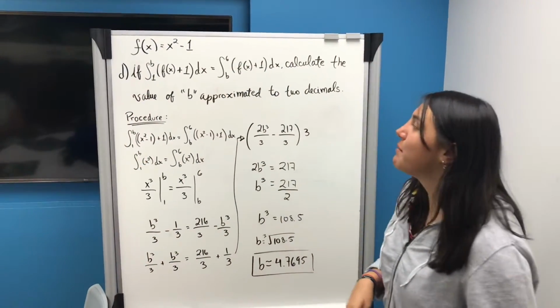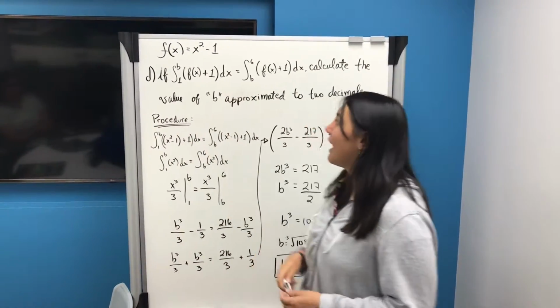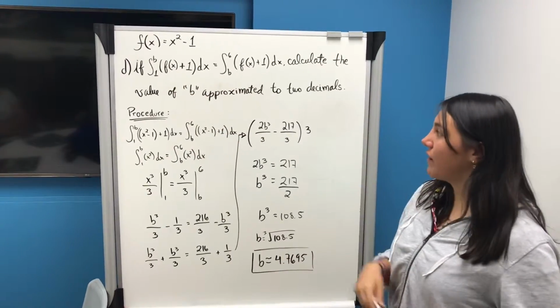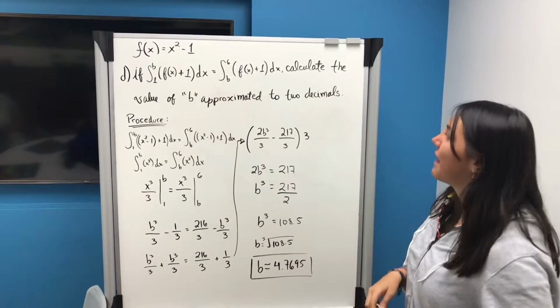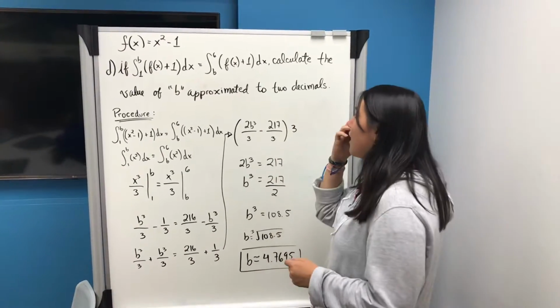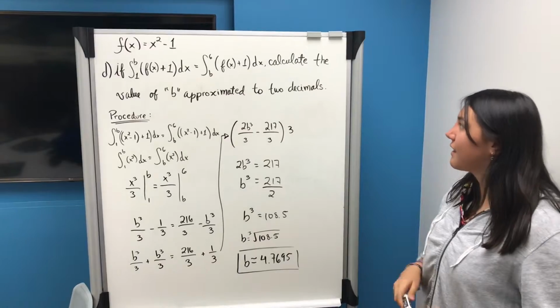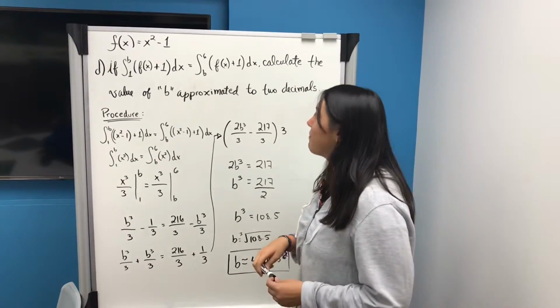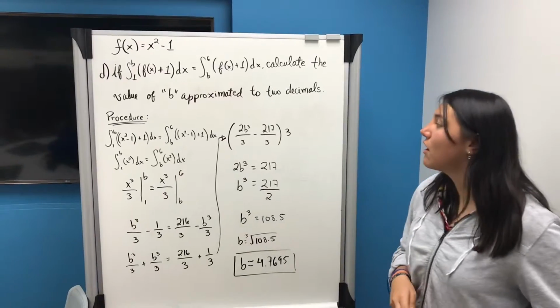So in problem number D, it says, if the integral from 1 to b of f of x plus 1 dx is equal to the integral from b to 6 of f of x plus 1 dx, calculate the value of b approximated to 2 decimals.